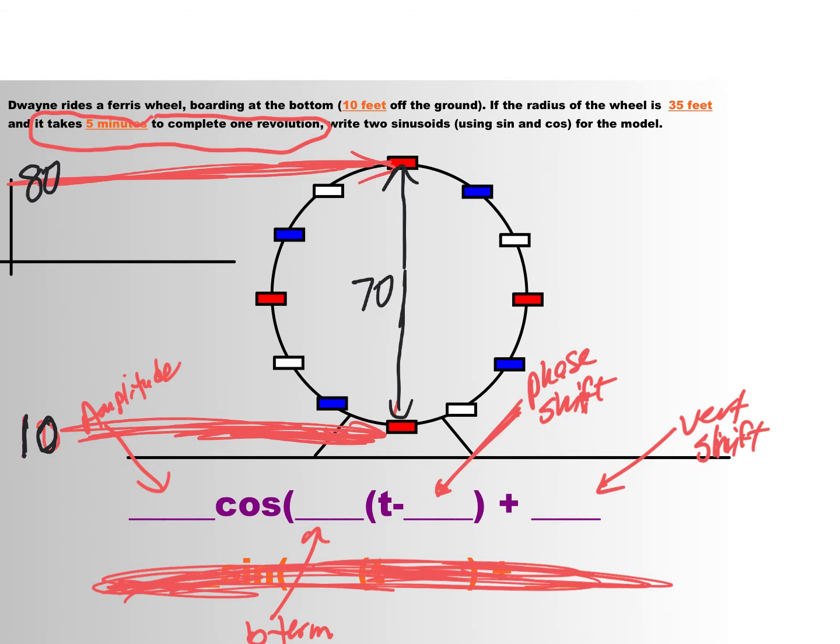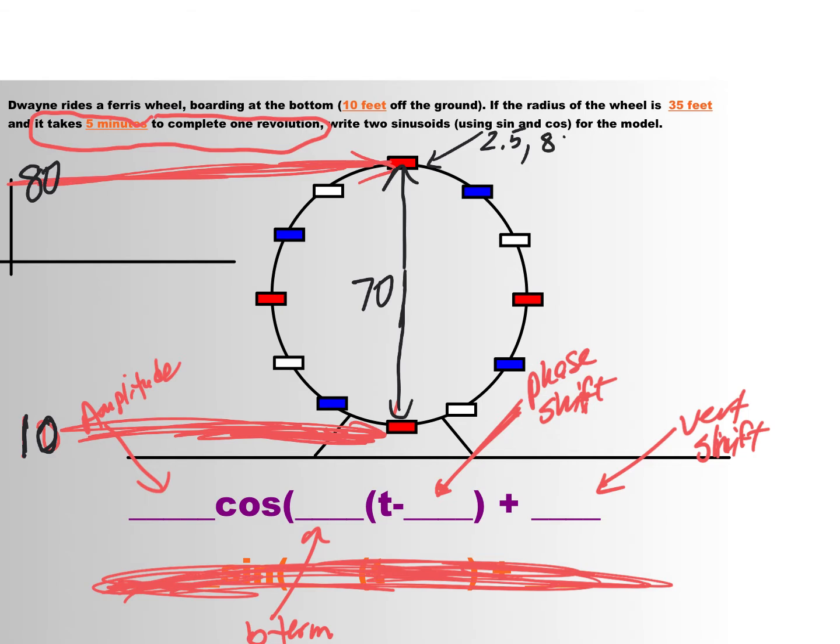Okay, so you definitely start at the low spot. So I'm going to call that time 0. And at the high spot, is that 5 minutes later? No, it's what? How long does it take? Yeah, 2.5. 2.5 minutes to reach this high spot.